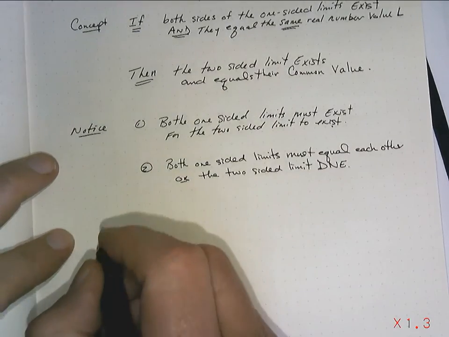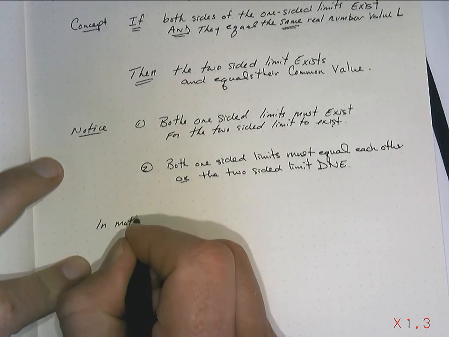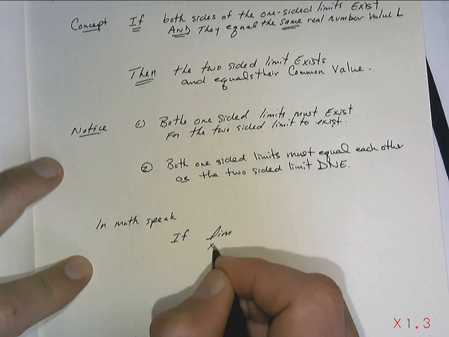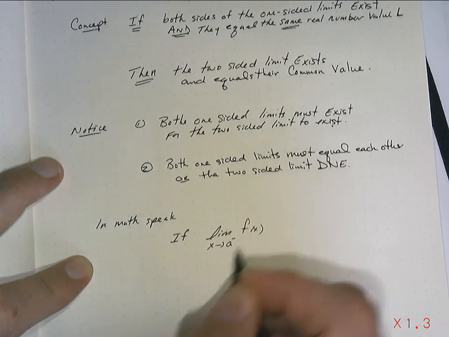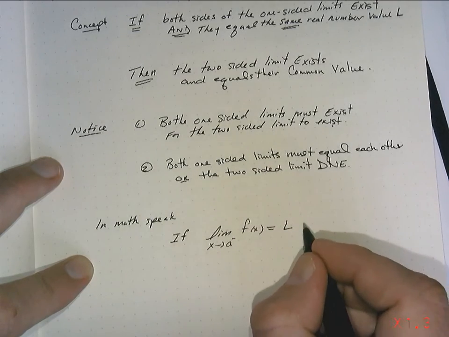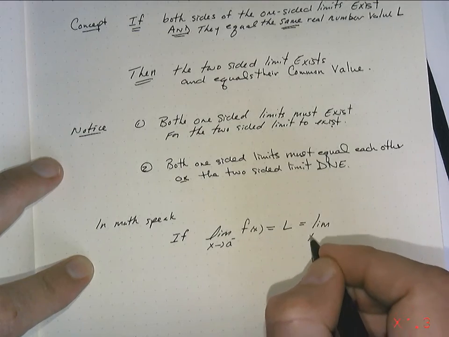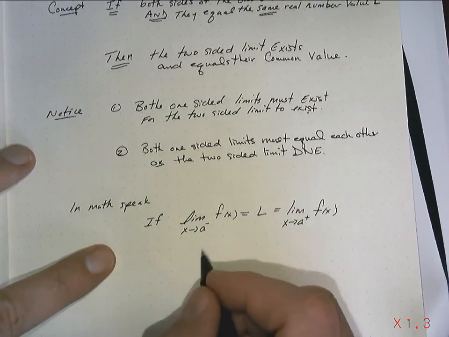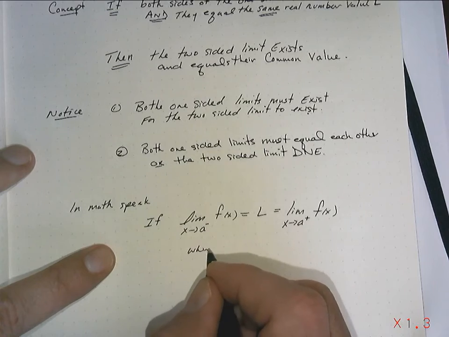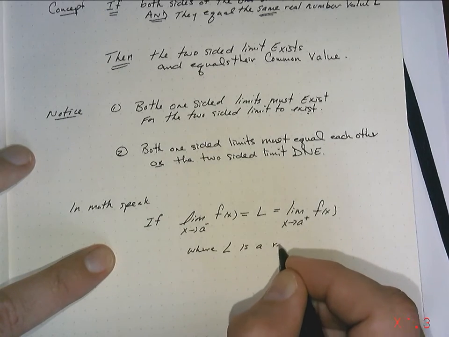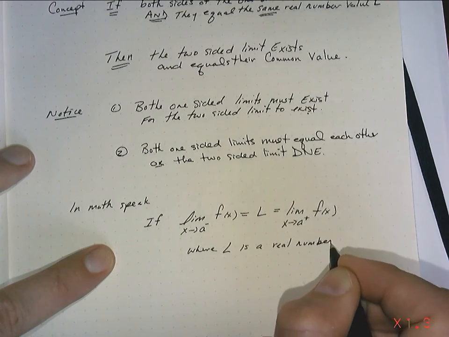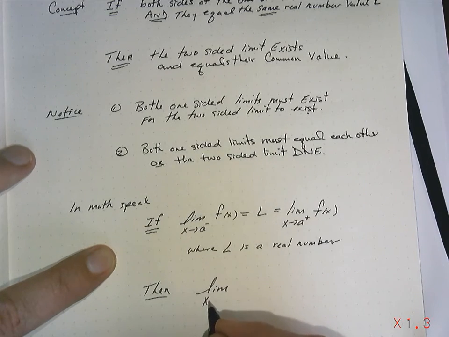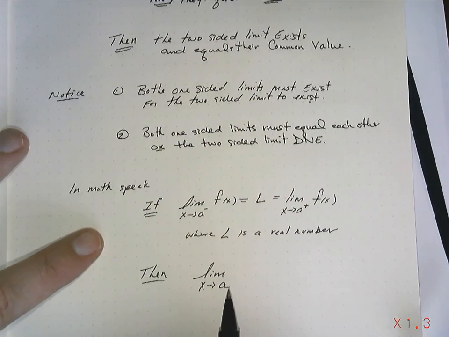In math speak, this is what it looks like. If the limit as x approaches a from the left of f of x equals some value L, which equals the limit as x approaches a from the right of f of x, where L is a real number value, so if this is true, then the limit as x approaches a, notice there's no little plus or negative up there.